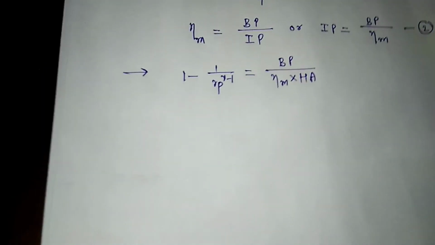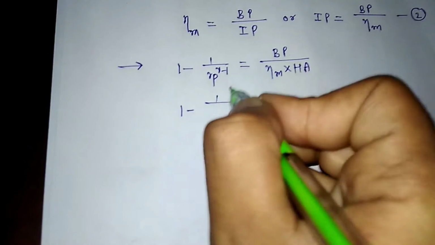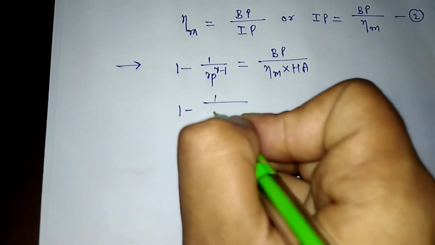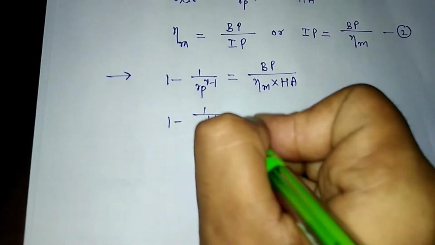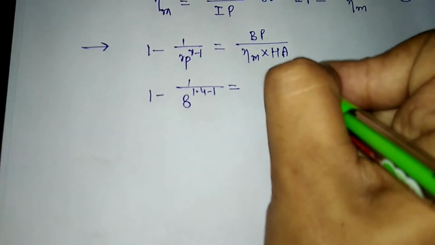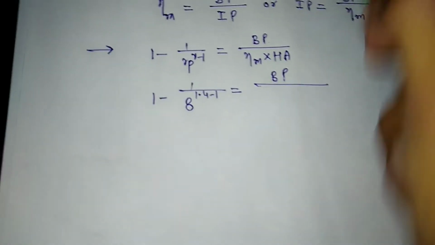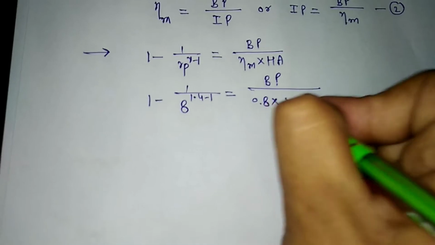So from here, 1 minus 1 upon rp is 8 to the power gamma minus 1, gamma is 1.4 minus 1, is equal to brake power upon eta mechanical, which is 80%, meaning 0.8, and heat addition is 10 kilowatt.